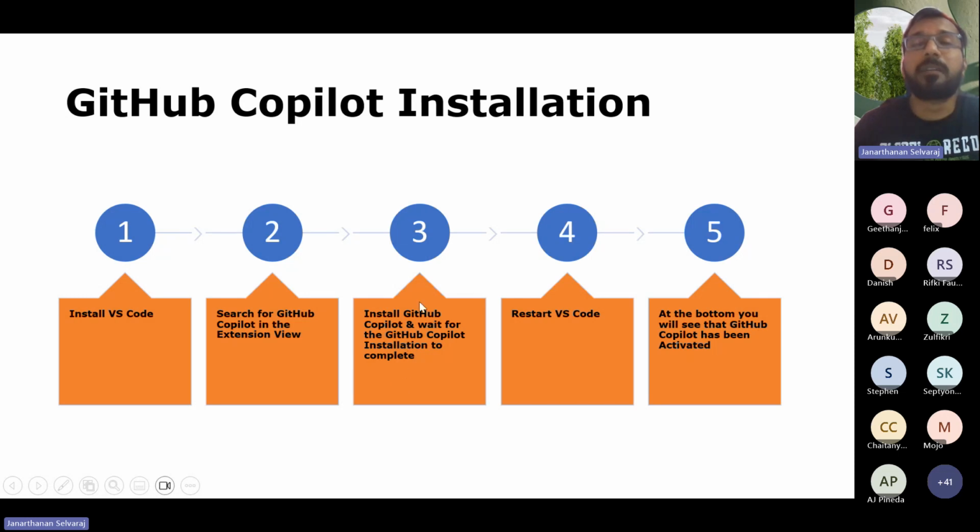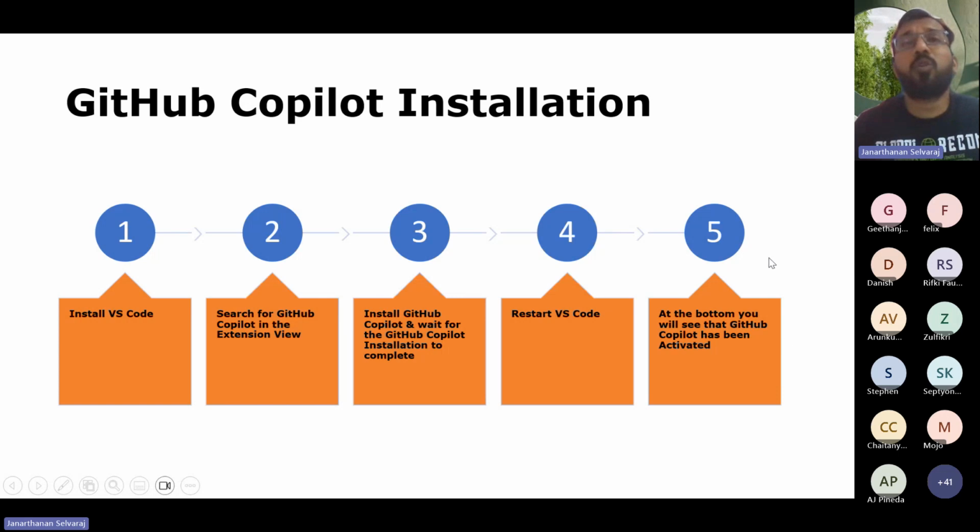After you install these two extensions successfully, you have to restart your Visual Studio Code. Why do we need to restart? For the successful implementation of GitHub Copilot as well as GitHub Copilot Chat. How do you ensure that GitHub Copilot is installed and activated successfully in your machine?